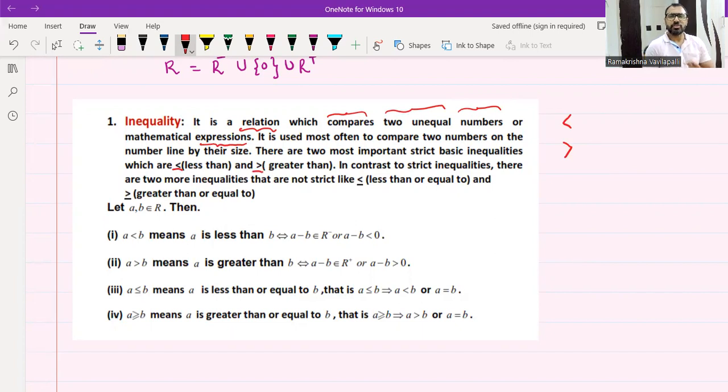In contrast to these, there are other inequalities: less than or equal to, and greater than or equal to. So we have basically four inequalities, simple connectives. This one is less than.